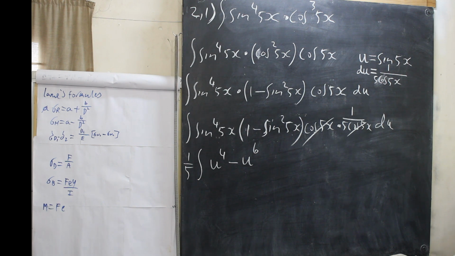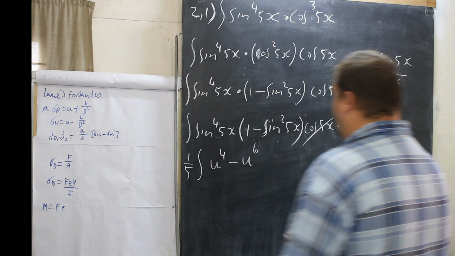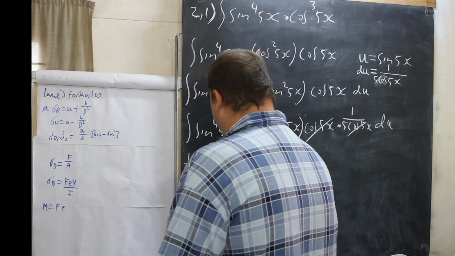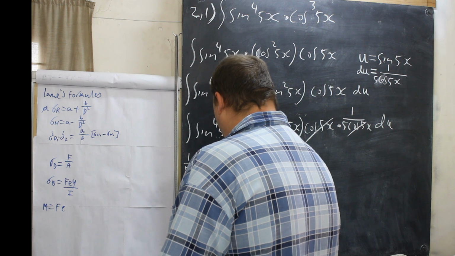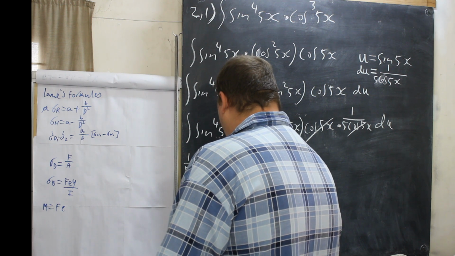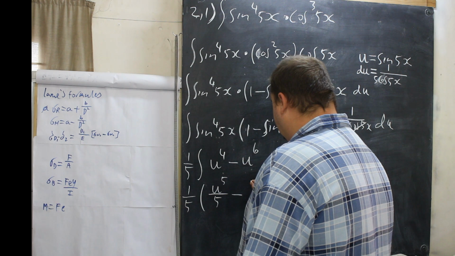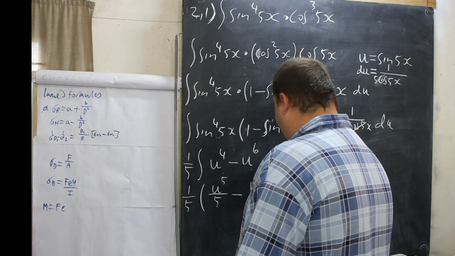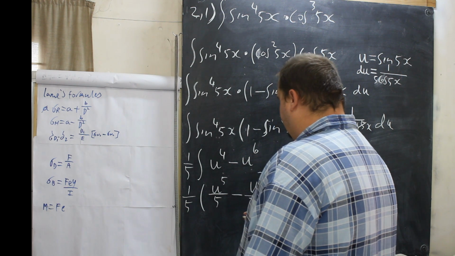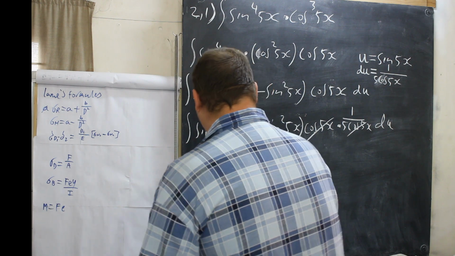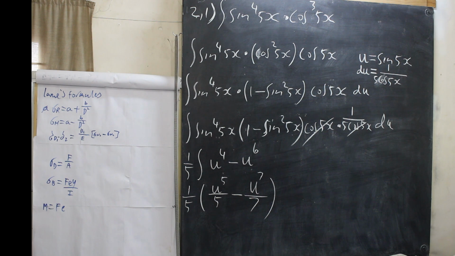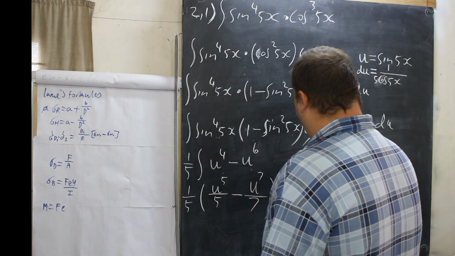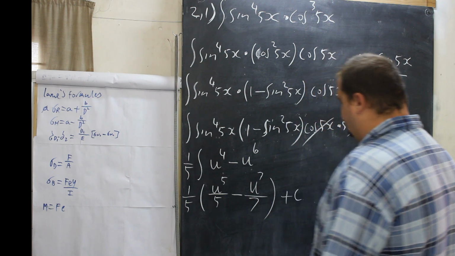That makes sense. So now all we have to do, so 1/5 times u to the power 5 over 5 minus u to the 7 over 7, plus c.